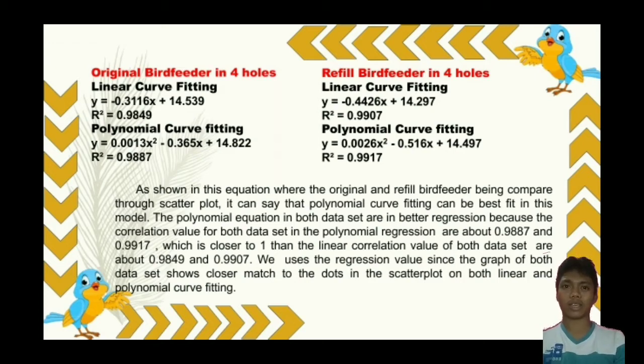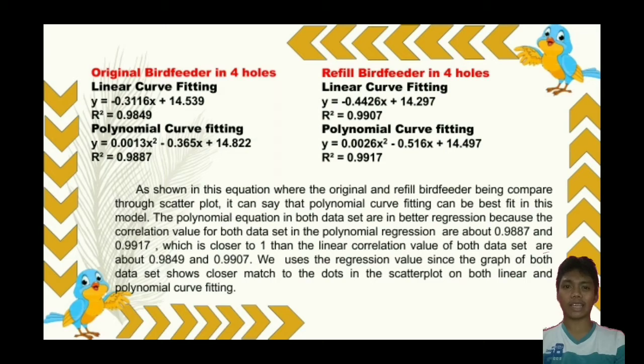As shown in these equations, where the original and the refilled bird feeder are compared through scatter plot, we can say that the polynomial curve fitting is the best fit in this model. The polynomial equations in both data sets are better regressions because the correlation values for both data sets in polynomial regression are about 0.9887 and 0.9917, which is closer to 1.